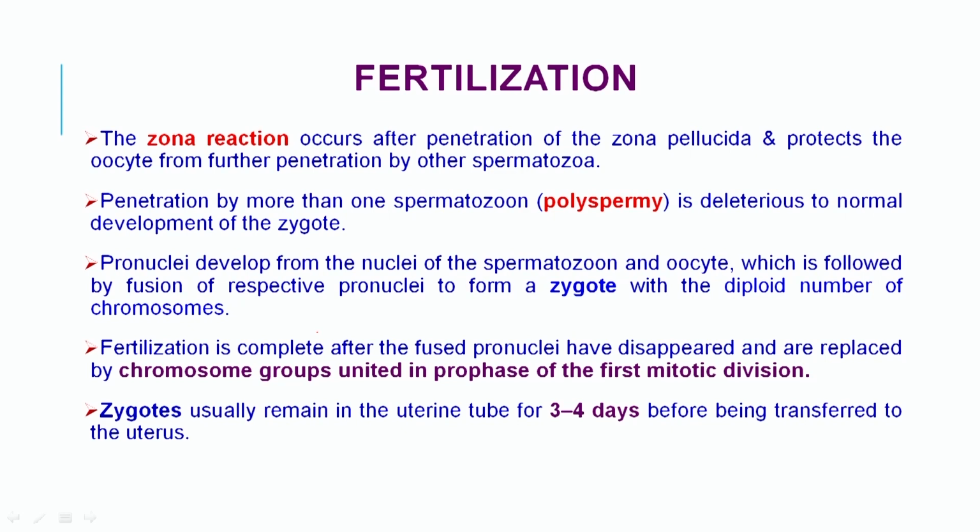Pronuclei develop from the nuclei of the spermatozoon and oocyte, followed by fusion of the respective pronuclei to form the zygote with the diploid number of chromosomes. Fertilization is complete after the fused pronuclei have disappeared and are replaced by chromosome groups united in prophase of the first mitotic division.